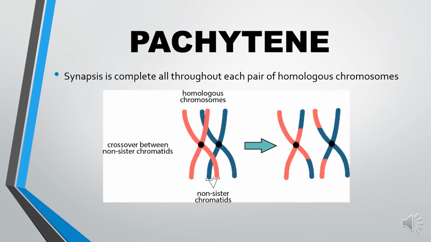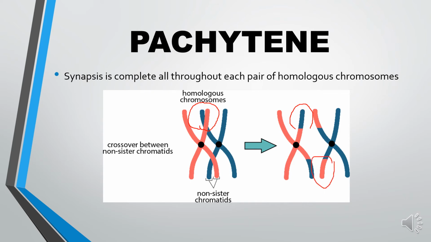Crossing over means genetic exchange between non-sister chromatids of homologous pairs occurs. As you can see, this is the crossing over, and after that we form this, and this is responsible for the variation.